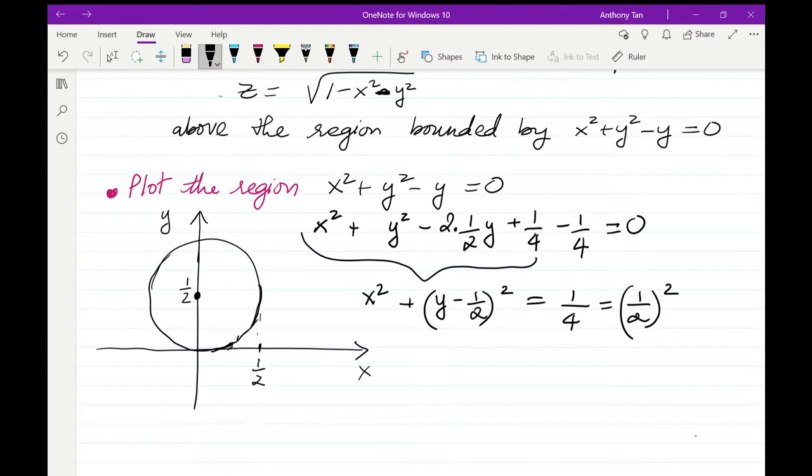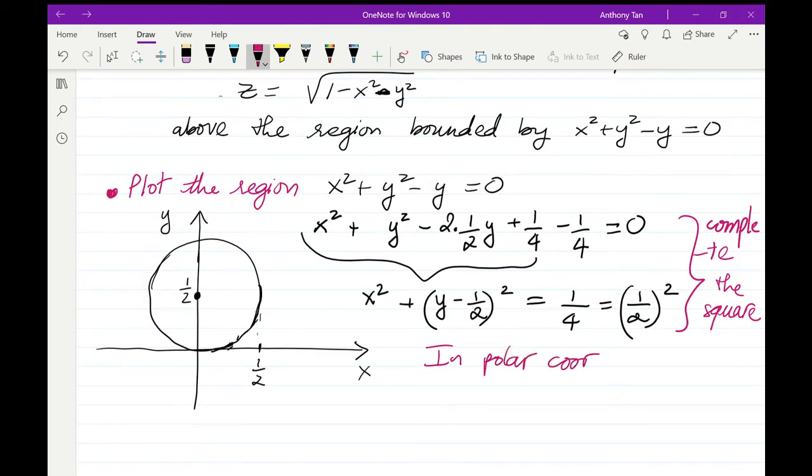So this in polar form. All of this is completing the square. And in polar form, this is the same as r equals sine theta.